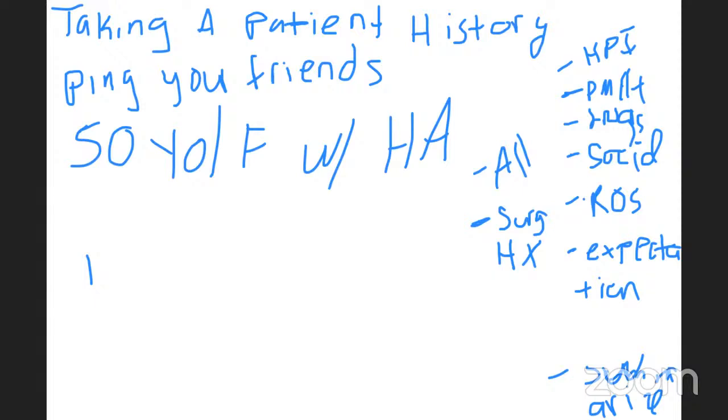If you don't ask him about his surgical history, you won't know that he has a stent, and then you may or may not start his dual antiplatelets. So what could happen if you miss the fact that he has a stent placed and is on dual antiplatelet therapy?